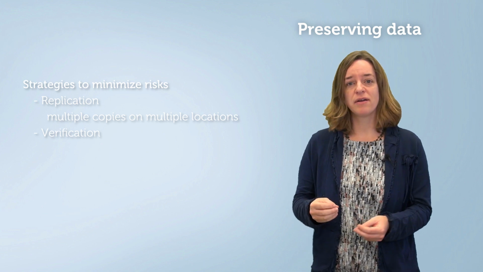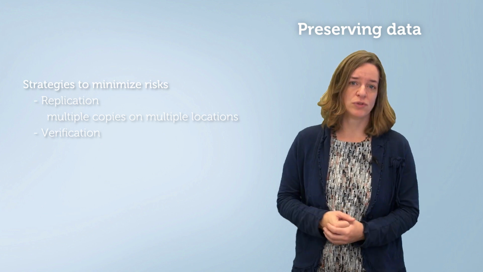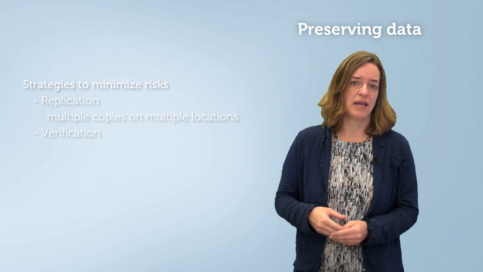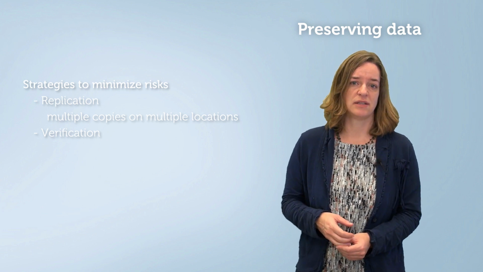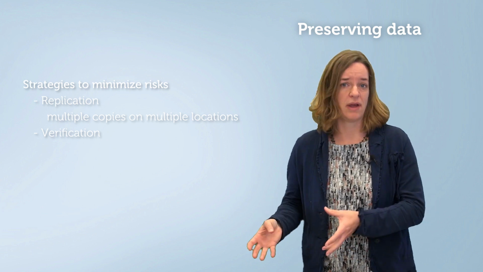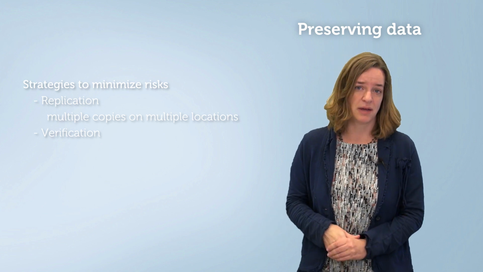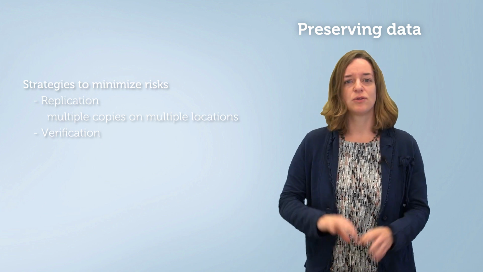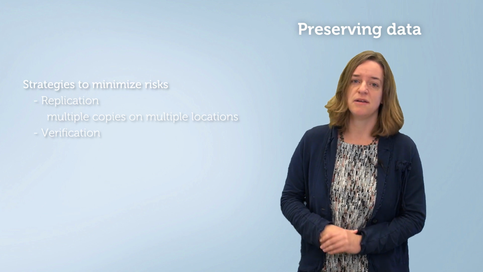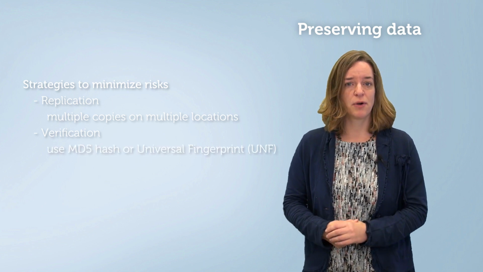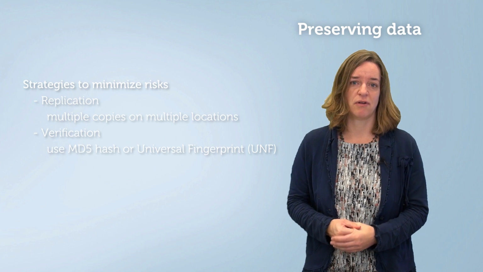A verifier makes a summary of the content of your data and is completely independent of the format of your data. So if you store it as text or as doc file, it doesn't matter. If you change one letter, then the verifier will have a completely different number. MD5 sum is an example of such a verifier.